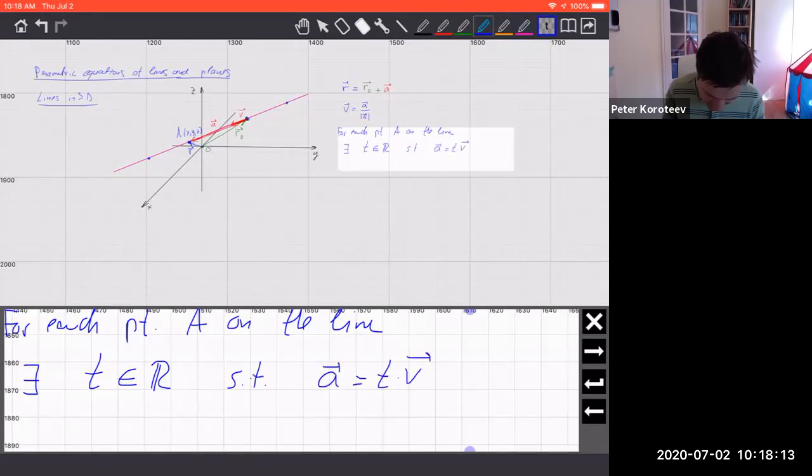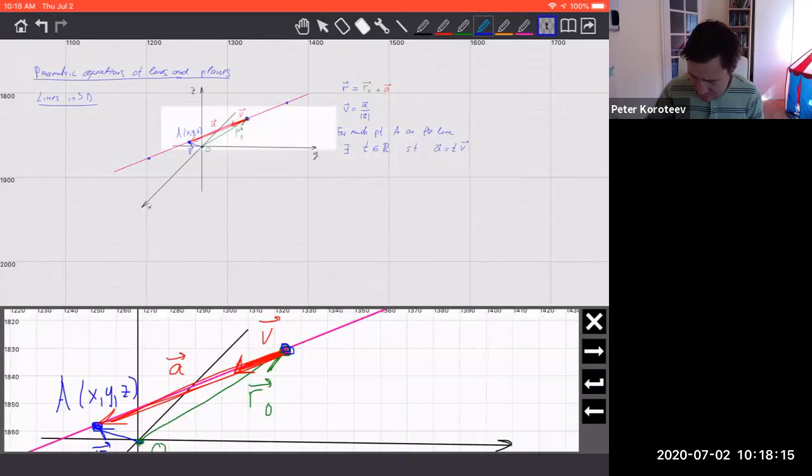In other words, t is the coefficient, it's a proportionality scalar.